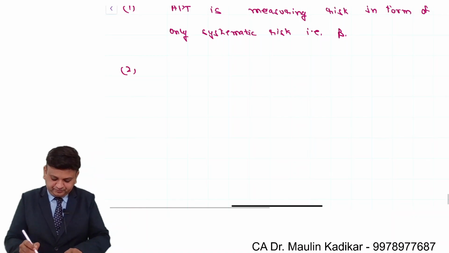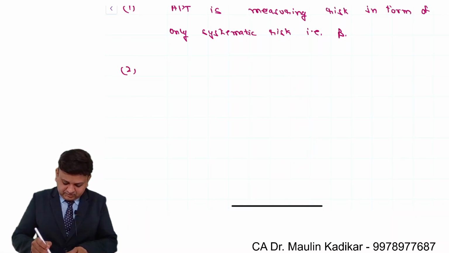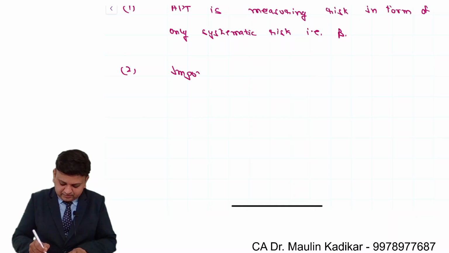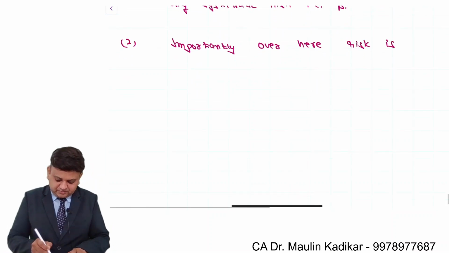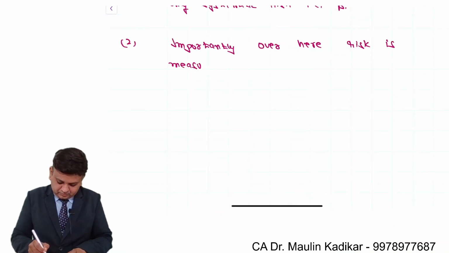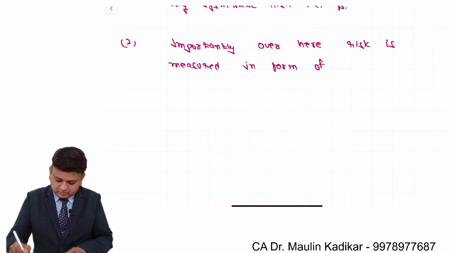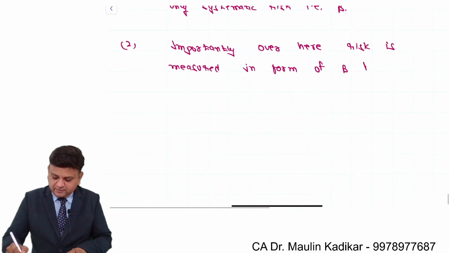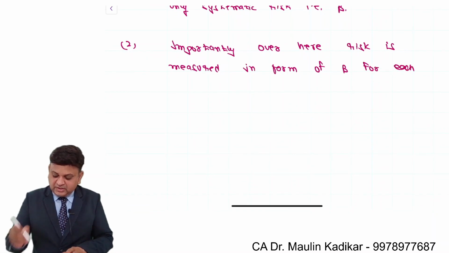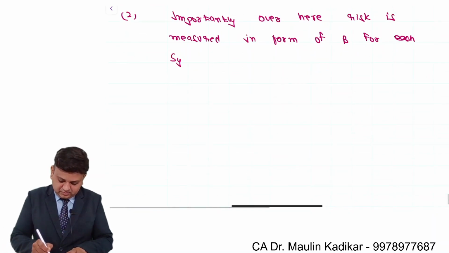Second point: importantly, over here, risk is measured in form of beta for each systematic risk factor.